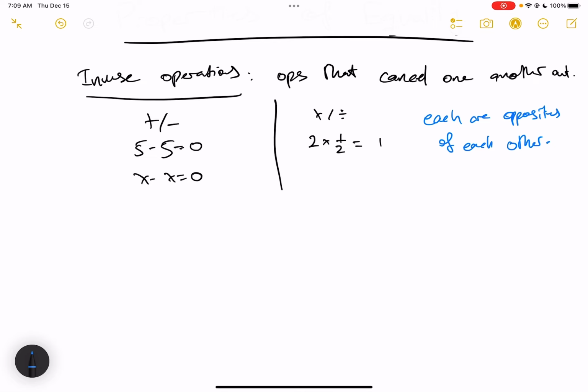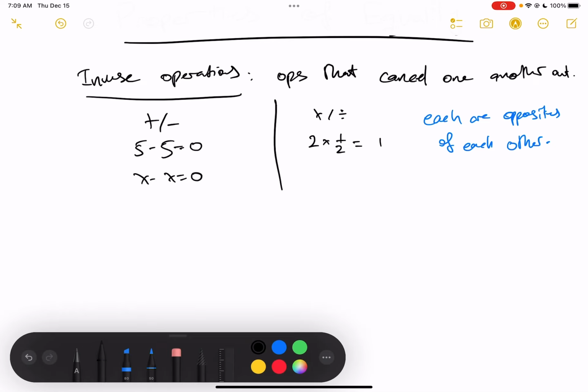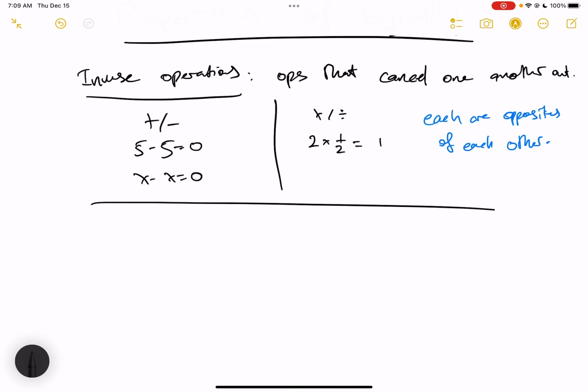All right? The next thing we really need to see is that when we have an equal sign, it's like a balanced scale.